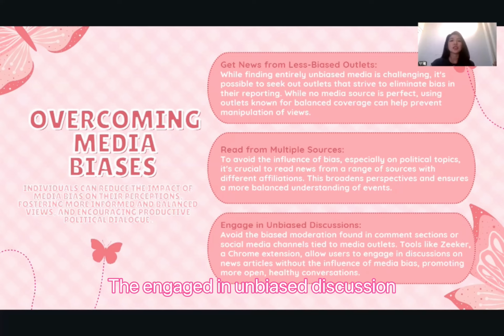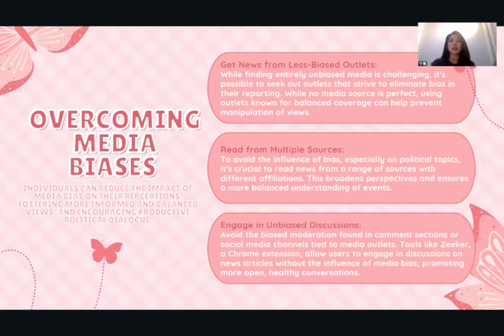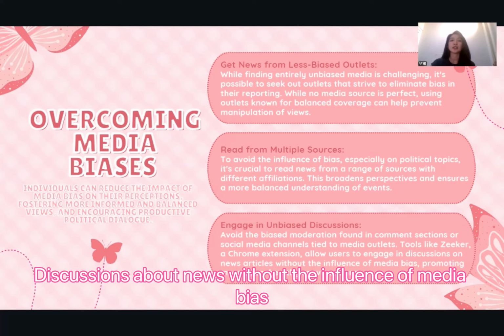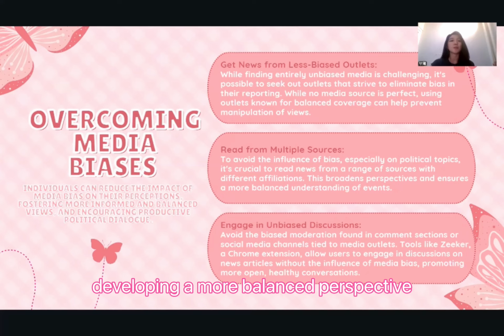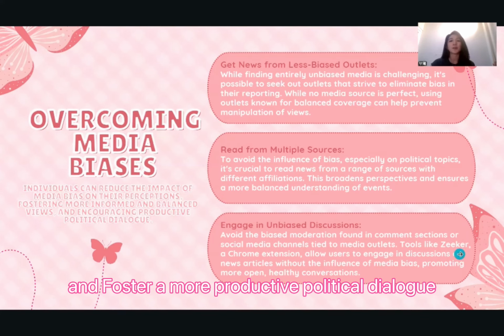Third, engage in unbiased discussion. Use tools like Zeekr to have discussions about news without the influence of media bias, promoting healthier, more open conversations. By using these three strategies, we can become more informed consumers of media, develop a more balanced perspective, and foster a more productive political dialogue.